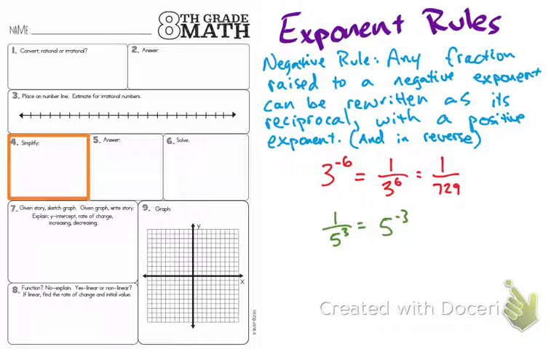And just like we've talked about with all of our other exponent rules, this becomes really helpful when we begin to work with exponents and variables. So if I had something like a to the negative 7th power, another way we could write that is 1 over a to the 7th power. I hope that gives you an idea of how to work with our exponents.